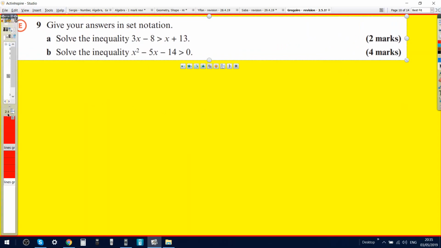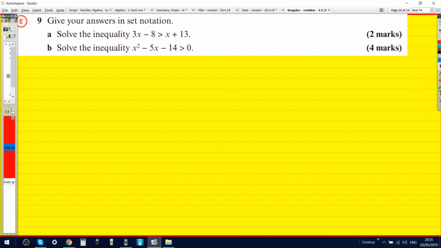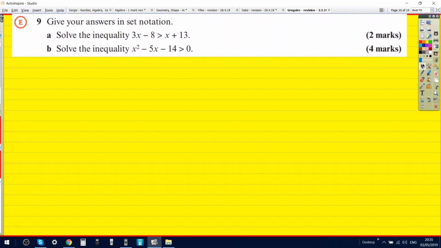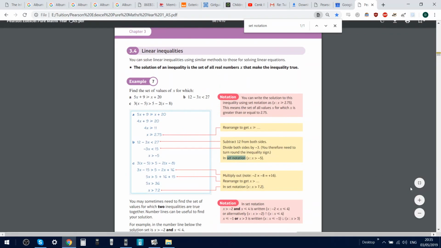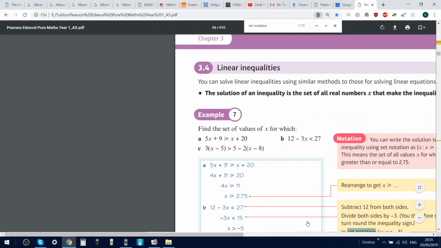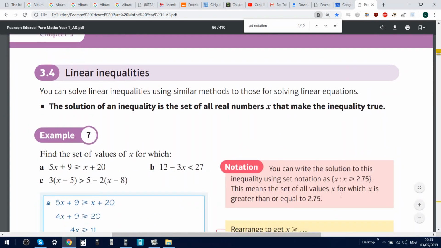Answers in set notation. Oh, I forgot about set notation. Okay. So set notation is greater than, stuff like that.